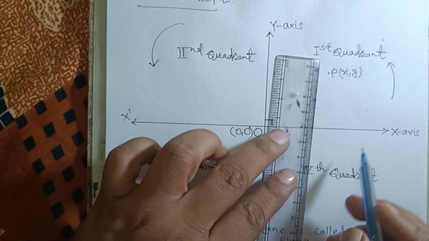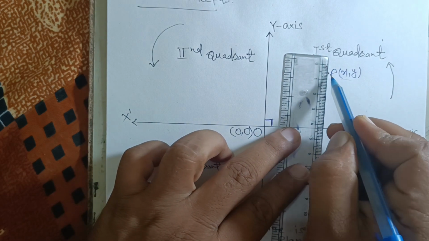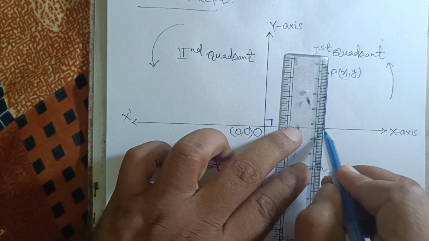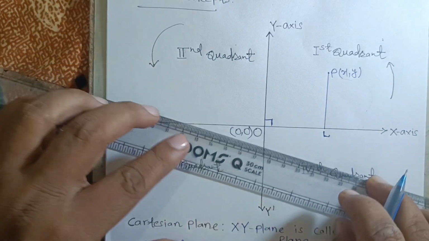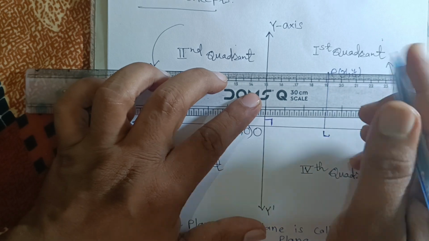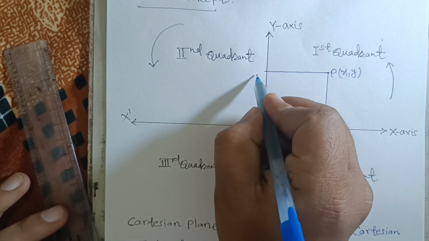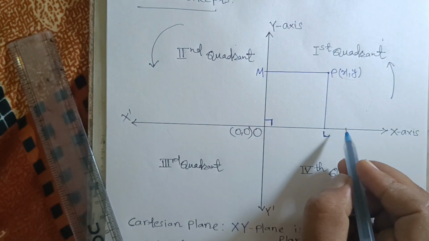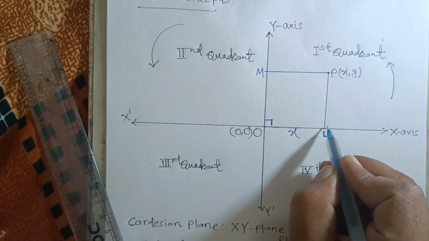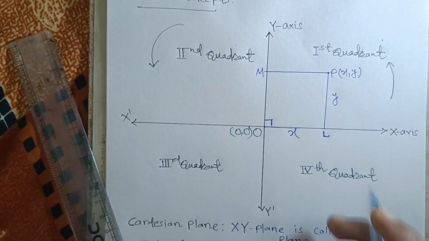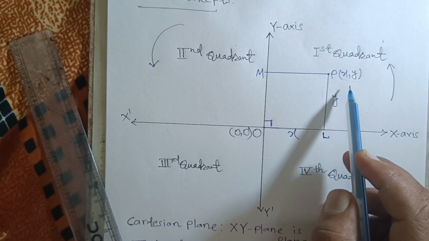We can locate P by drawing perpendicular PL on x-axis and PM on y-axis at M. This horizontal distance is x and this vertical distance is y, and x y together is called coordinate.